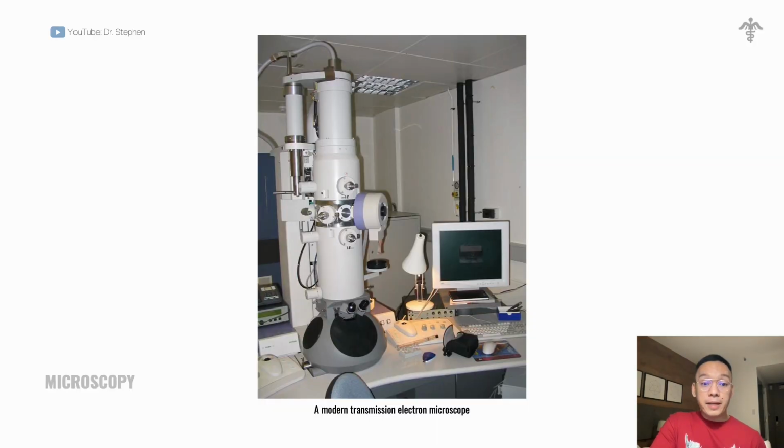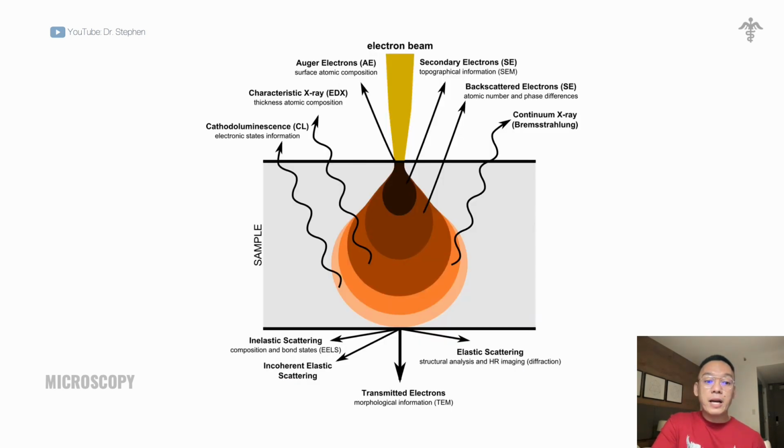This is the last microscope to be discussed, a modern transmission electron microscope. The diagram here will show you how electron microscopes operate. This is a more intensive process on how the physics works in electron microscopes, but we will not talk about that.